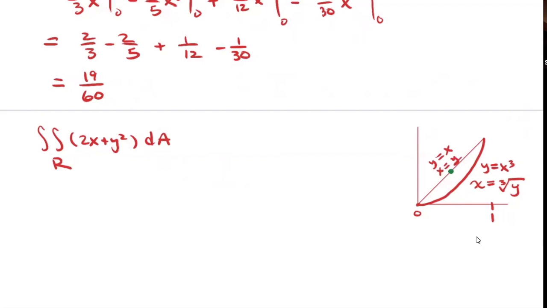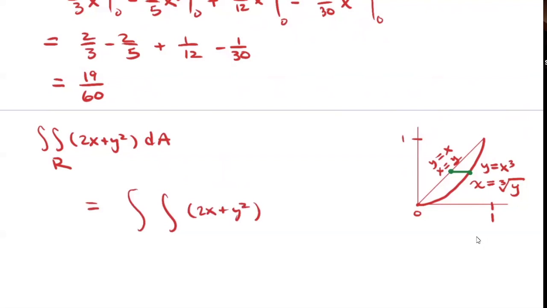So I'm going to draw my horizontal line from left to right, like that. Y is going to go from 0 to 1. But x is going to go from a curve to another curve. So when we set up this integral, we're still doing 2x plus y squared.